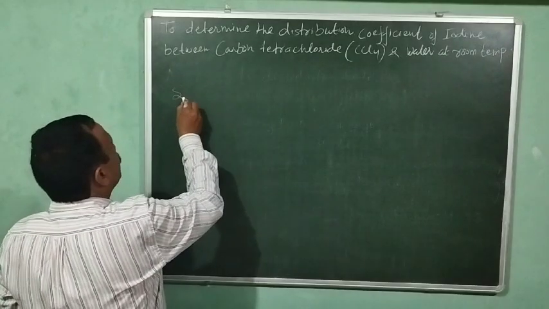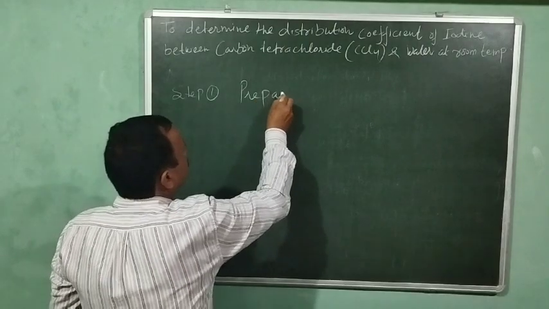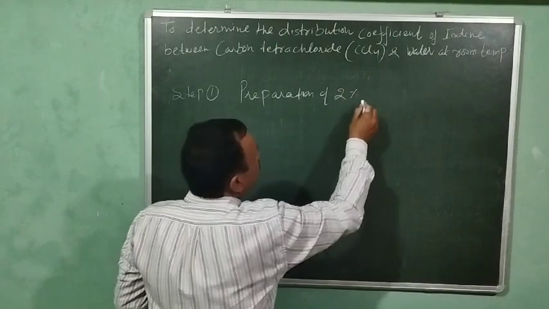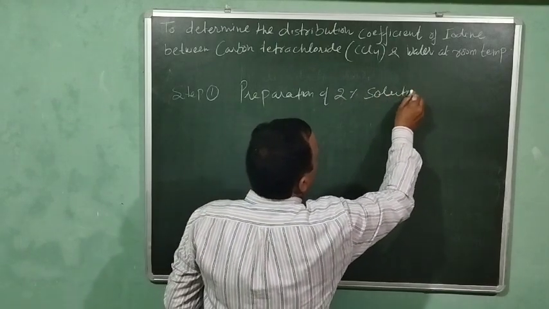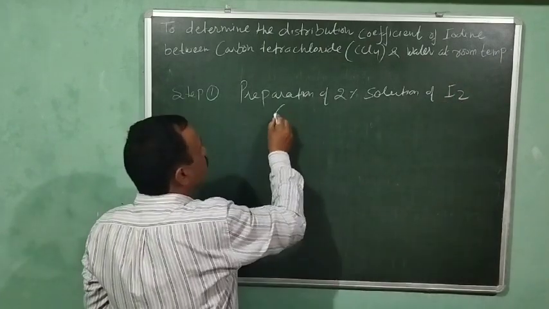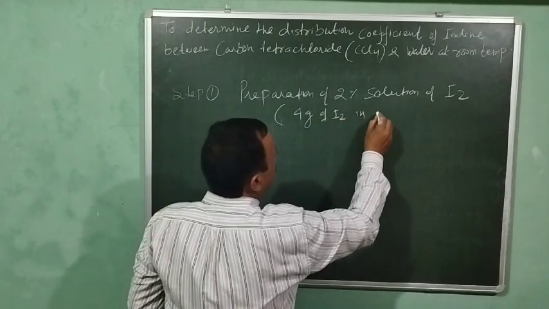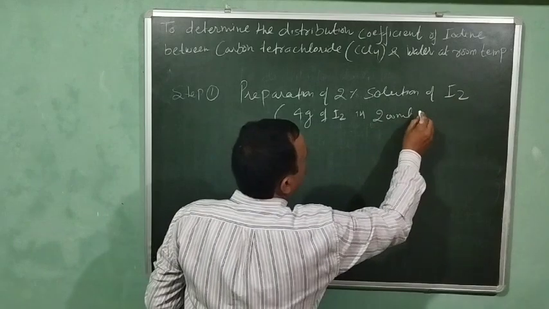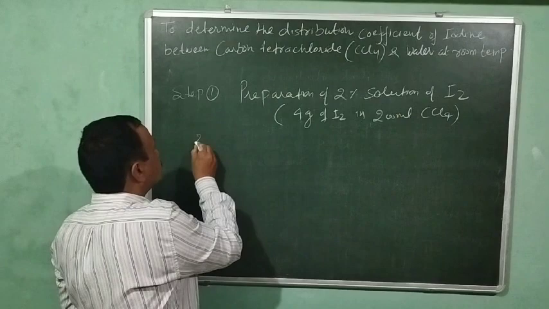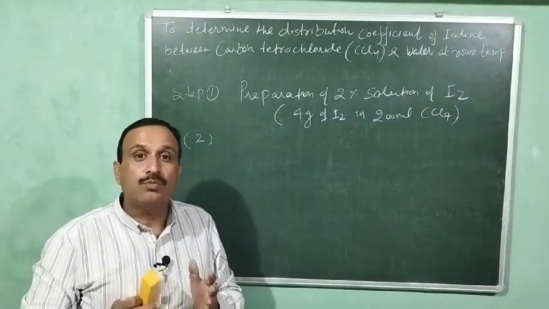So the first step of the procedure is preparation of 2% solution of iodine. As I said, we will dissolve 4 gram of iodine in 200 ml carbon tetrachloride.